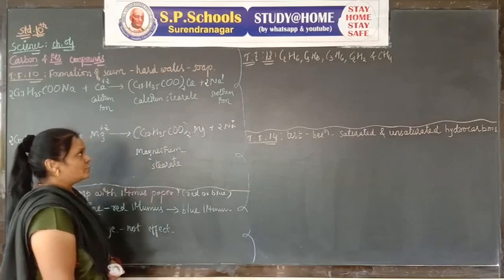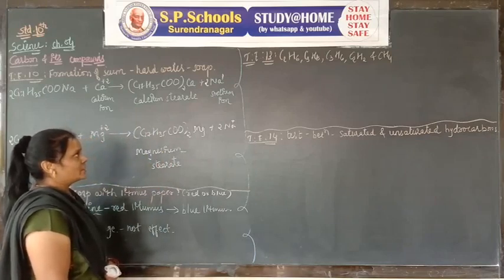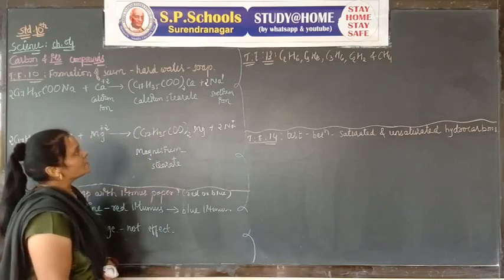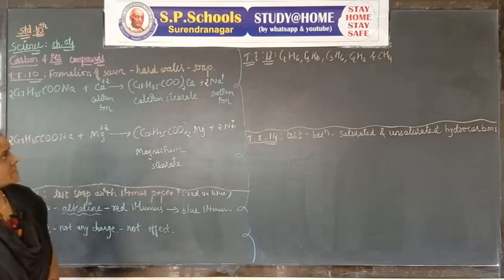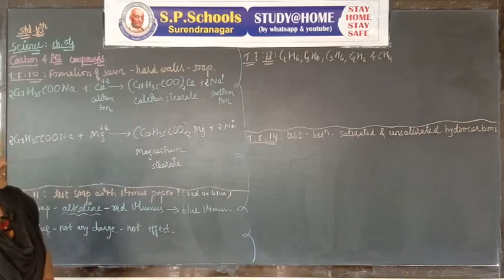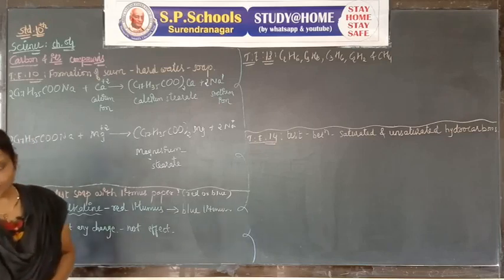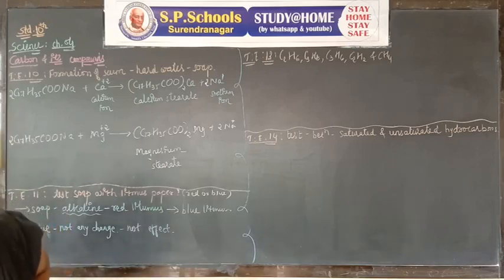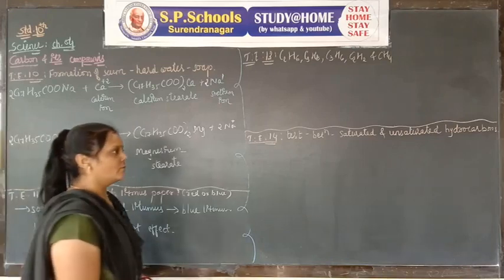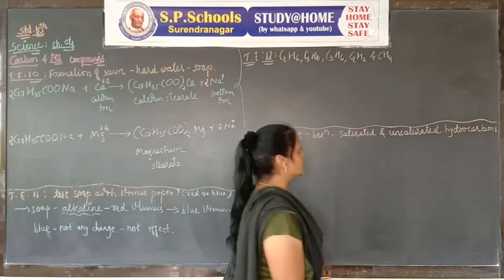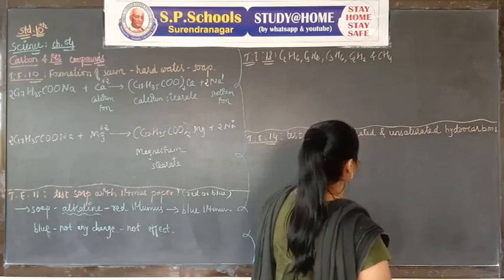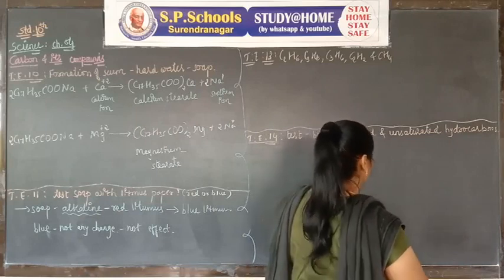So we go directly to question number 13. The hydrocarbons given are C2H6, C3H8, C3H6, C2H2 and CH4, and we find out which undergo addition reaction.